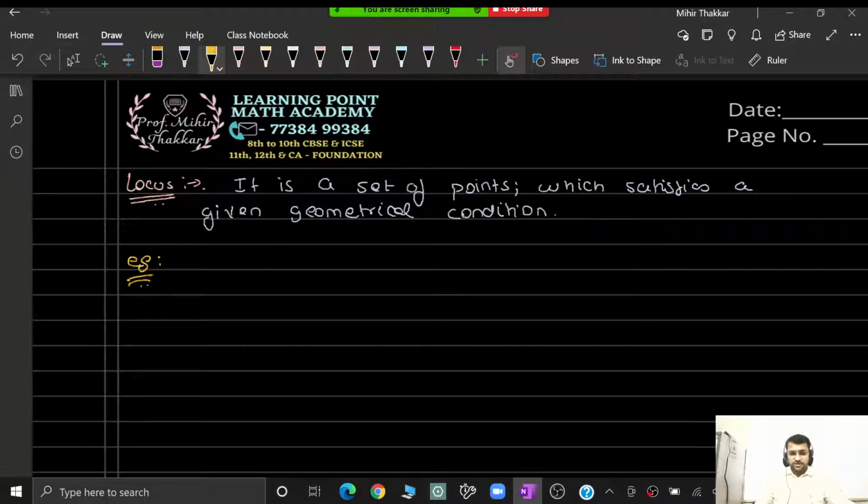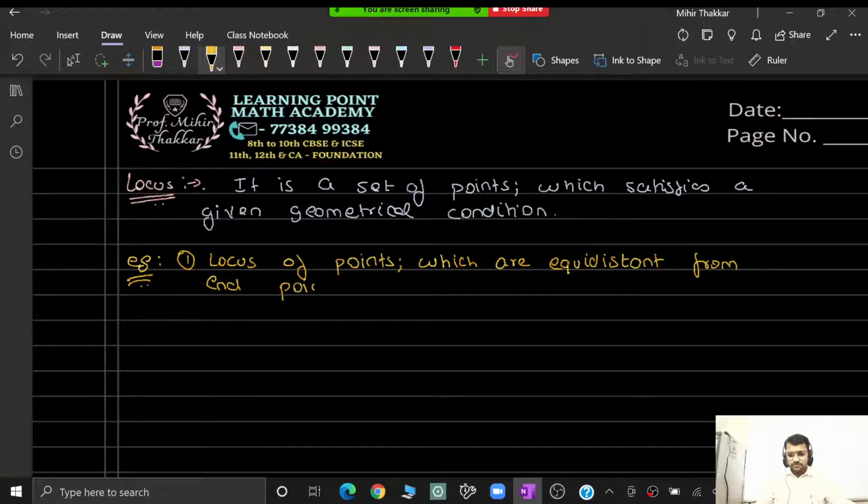I have the locus of points which are equidistant from the endpoints of a segment.